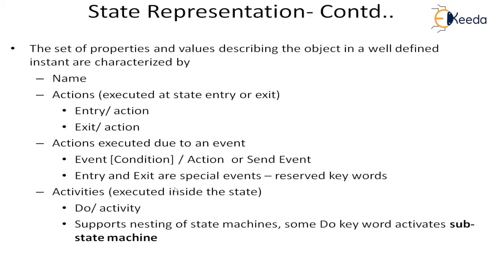That means when the current state is alive, at that particular time the object will do some activities, and those are called do activities. These activities may support nesting, so within a state, another state will be formed because of these do activities. Some do activities will activate the substate machine, so nesting will create a substate.